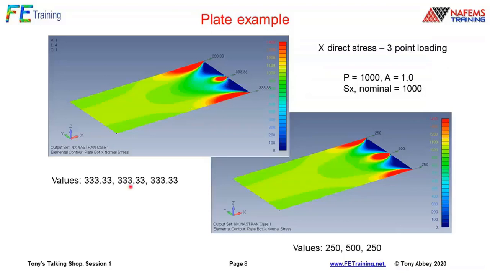Now I've just split the load to a third across here, and again, a little bit of an aside, that's something that we wouldn't want to do, because what happens is that the element on the edge there, or node on the edge there, is only, if you like, connected to one element. In the middle, that node is connected to two elements, so it actually has twice the stiffness. So what we do there is we actually double the load in the middle, because we've got twice the stiffness, and we halve the load on the corners because we've got half the stiffness.